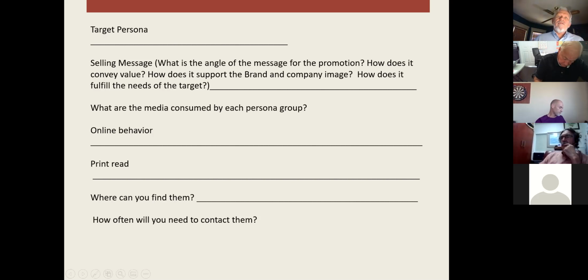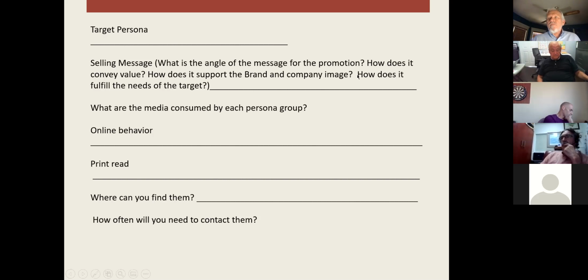You're going to have 4 or 5 different personas for each target group. So you name that, and then you take a look, and you can get much more detailed than this. And for those of you who want it, I've got much more detailed information.